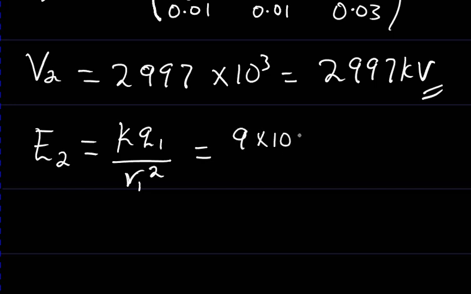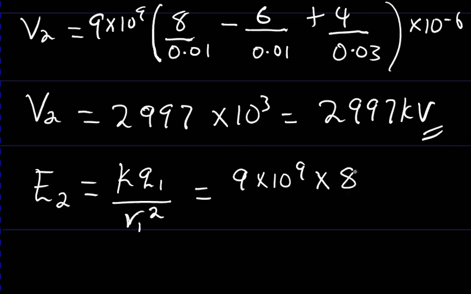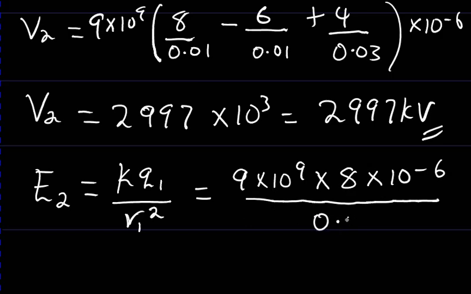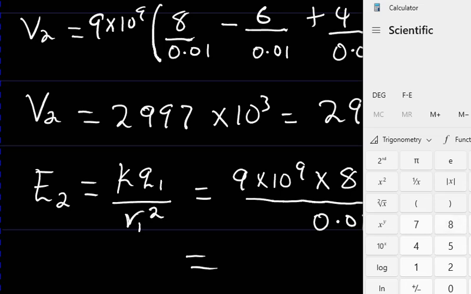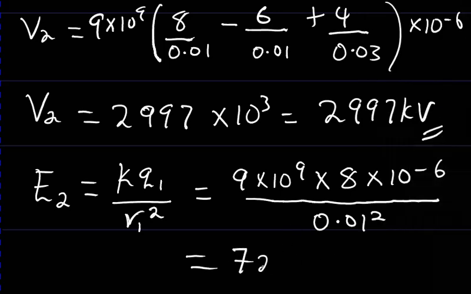This is 9 times 10 raised to the power of 9, then Q1 still remains 8 micro, 8 times 10 raised to the power of minus 6, all divided by the distance, which we know already is 0.01, squared. So 9 times 8 divided by 0.01 squared gives 7,200, times 10 raised to the power of 3, which is 7200 kilovolts.